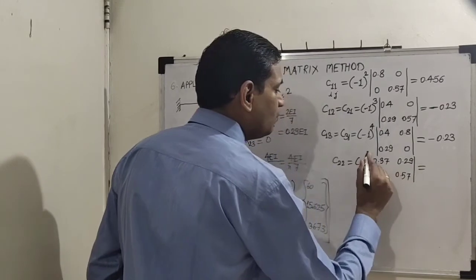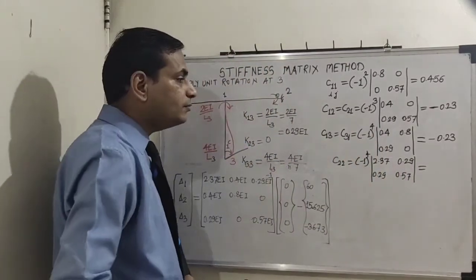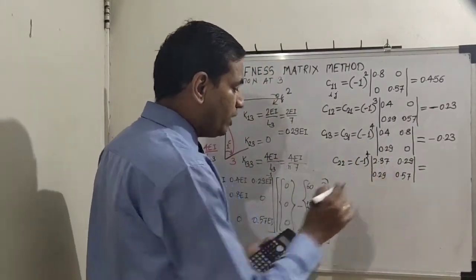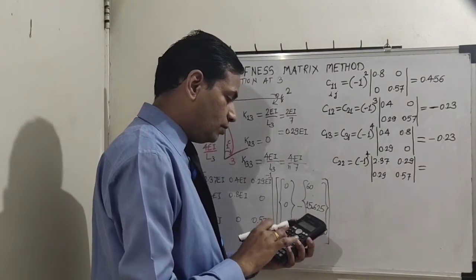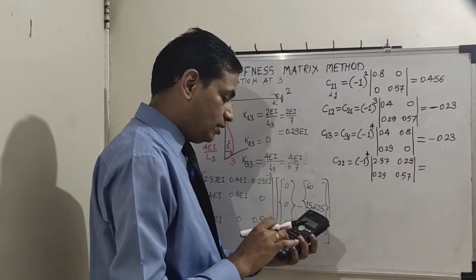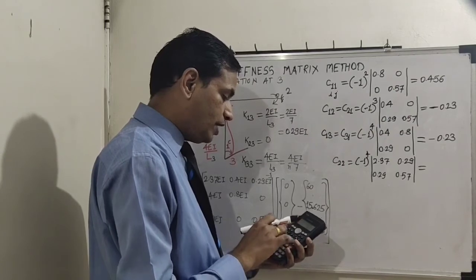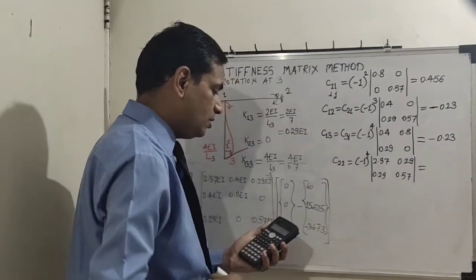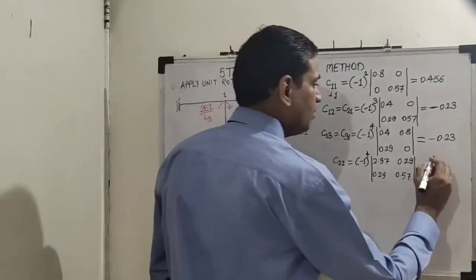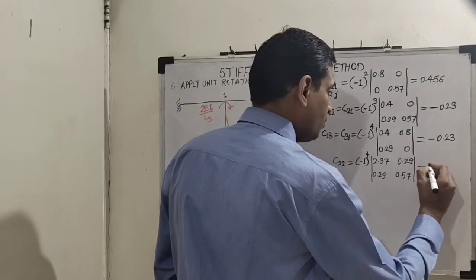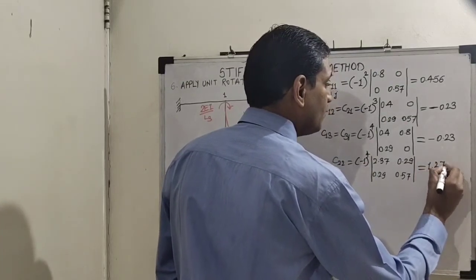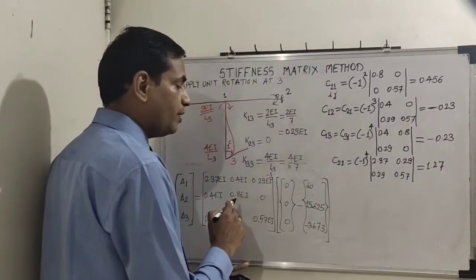So minus 1 raised to 4 is plus 1. So 2.37 into 0.57 minus 0.29 square. Okay, so this is 1.27. 1.27, correct. So sixth element is obtained.